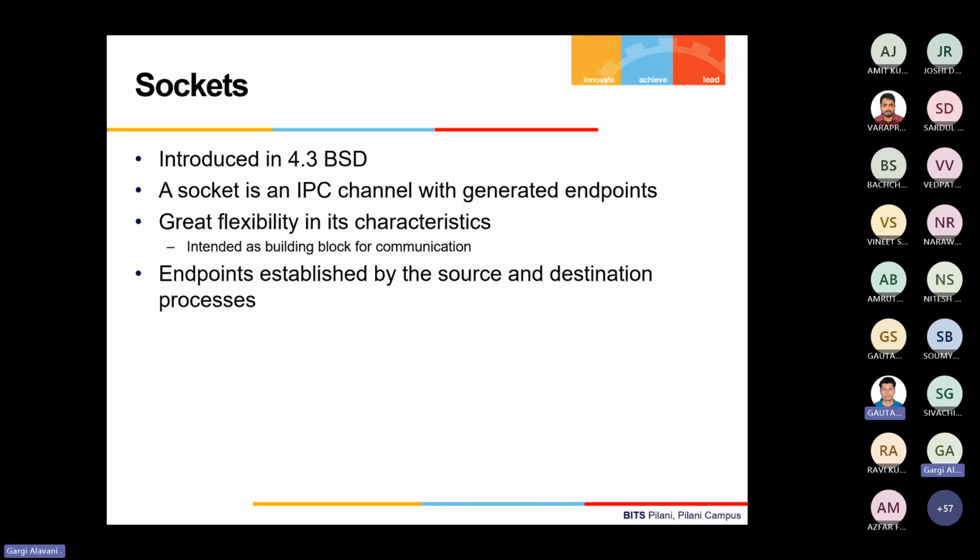Yeah, sockets in networks and sockets in distributed systems are the same. We are just looking at it from an inter-process communication perspective and not exactly from a network communication perspective. But it's the same concept.